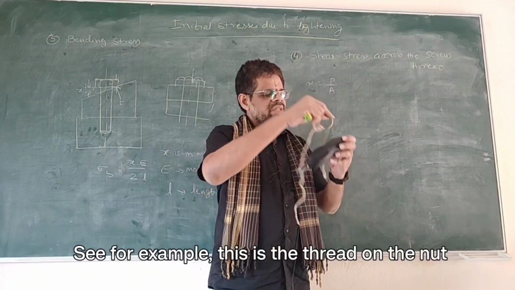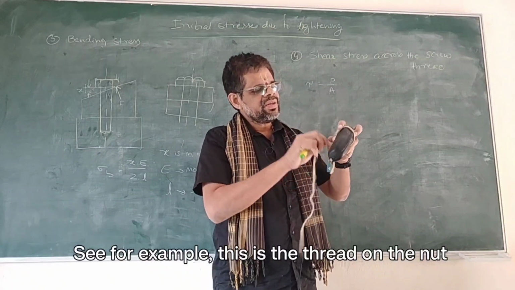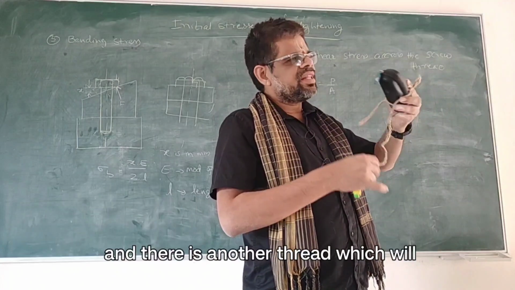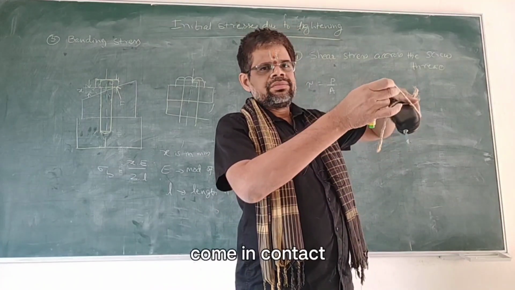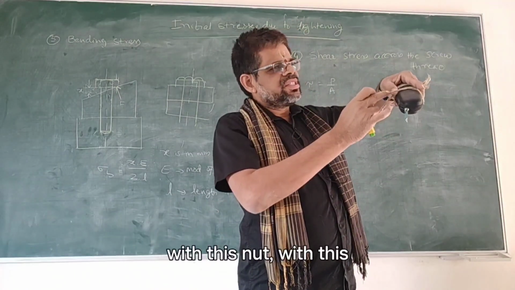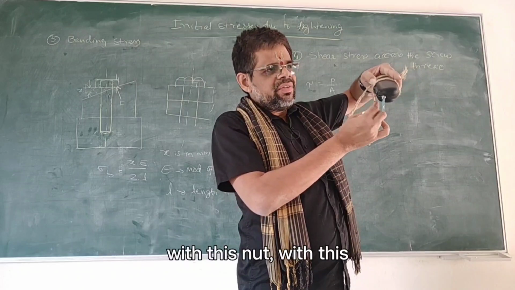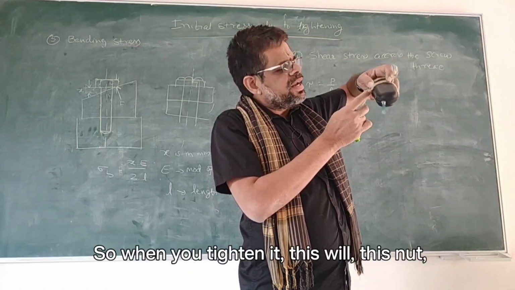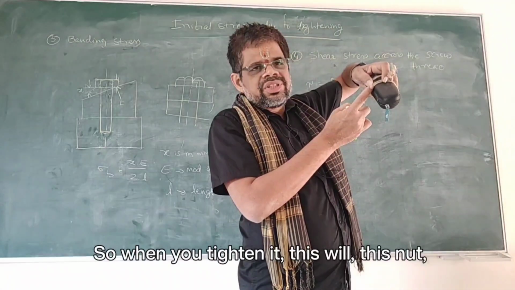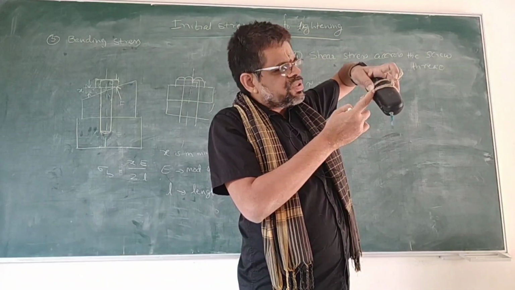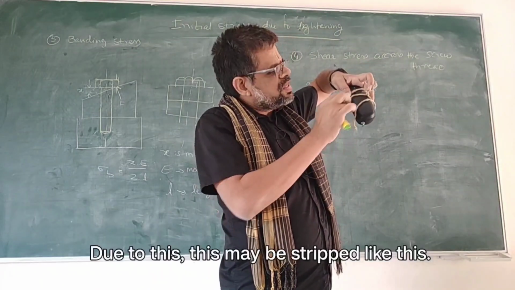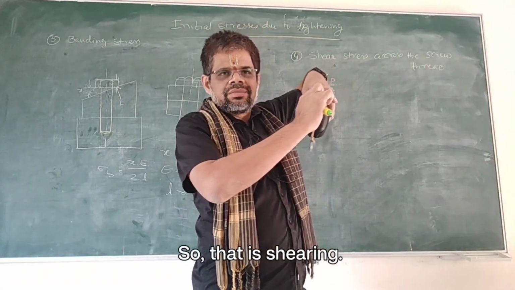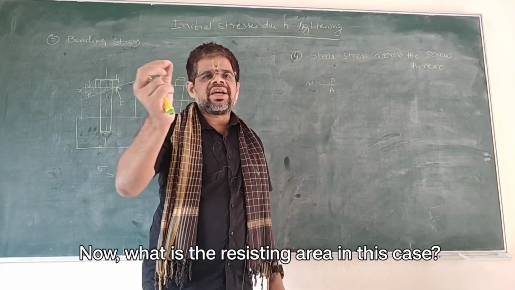See, for example, this is the thread on the nut, and there is another thread which will come in contact with this thread on the bolt. So when you tighten it, this thread on the nut will apply some force on it. Due to this it may be stripped like this. So that is shearing.